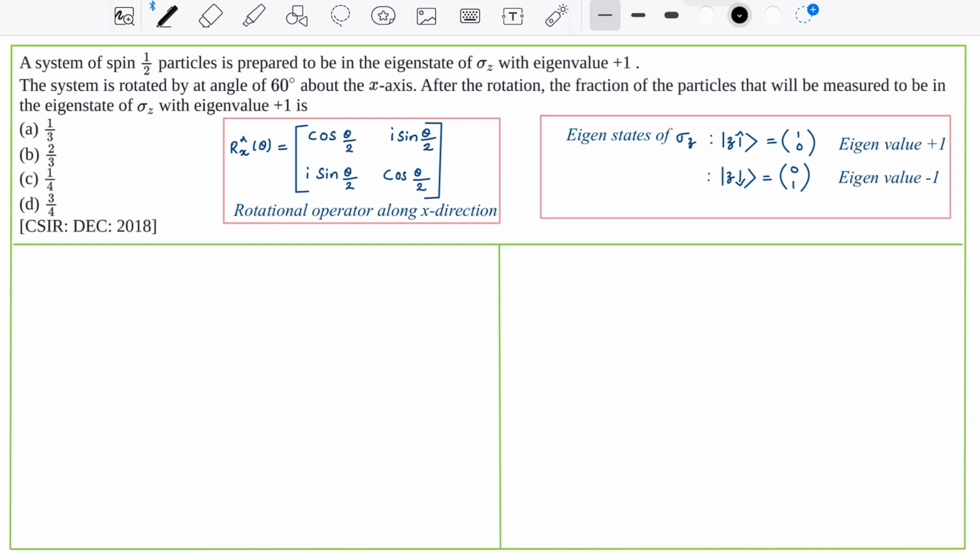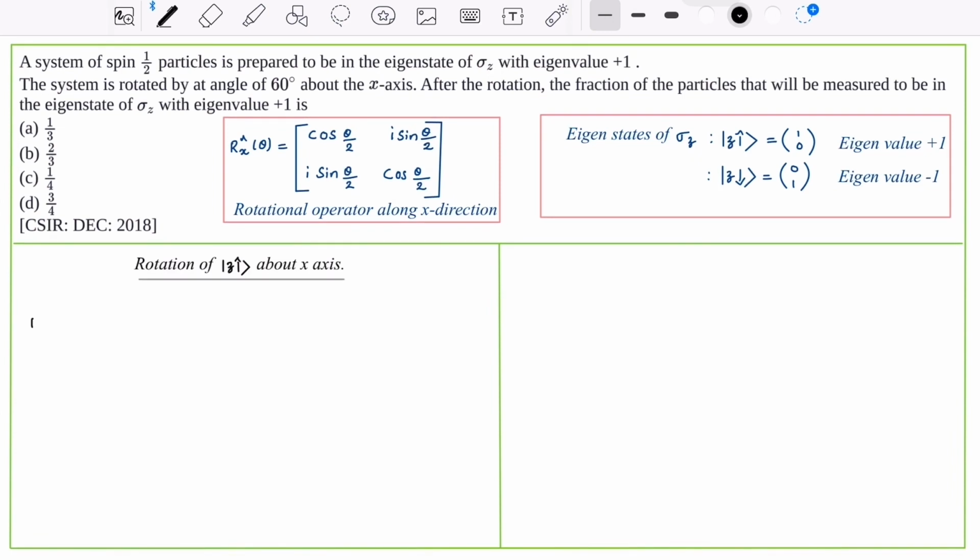In the present problem, the eigenstate of sigma z is rotated along the x direction and we have to find out the new eigenstate. Now what happens when the rotation operator acts on the spin-up state of sigma z?